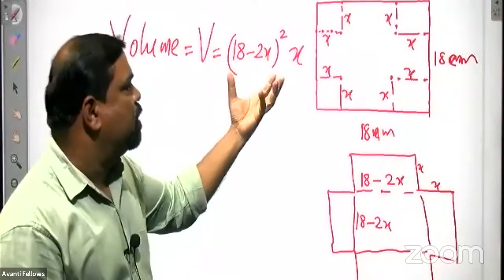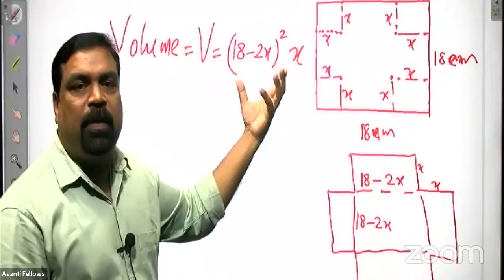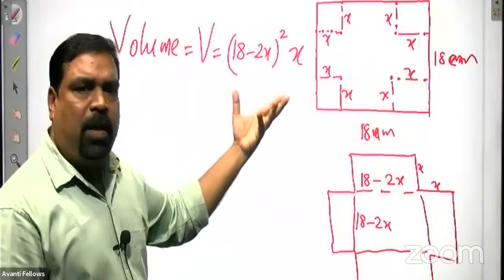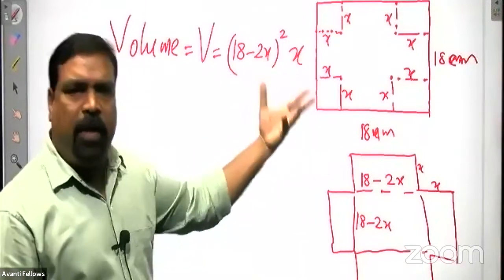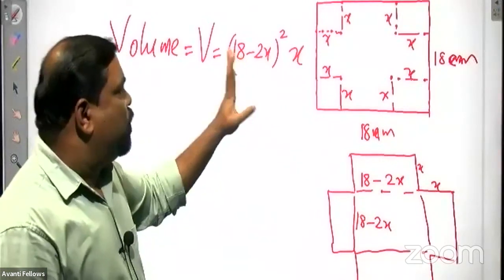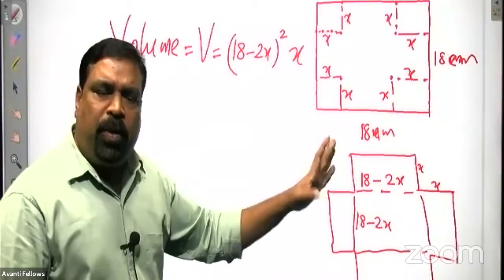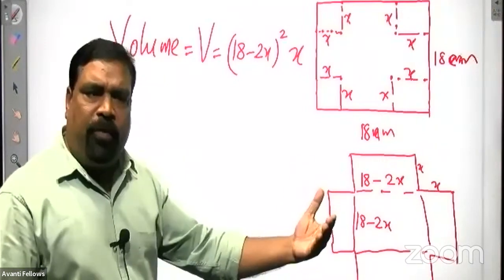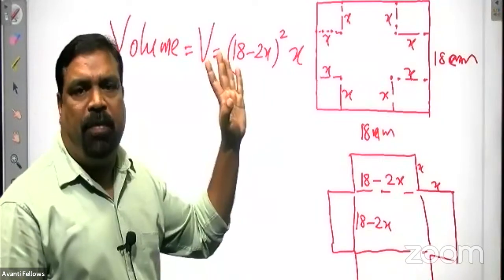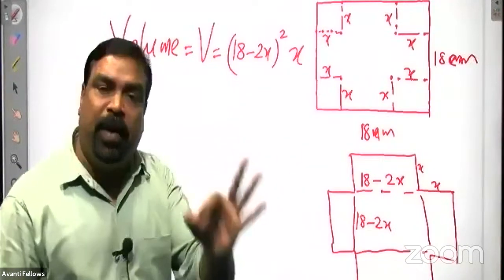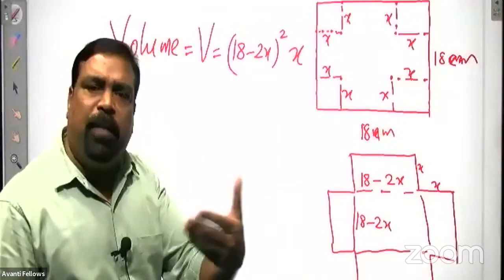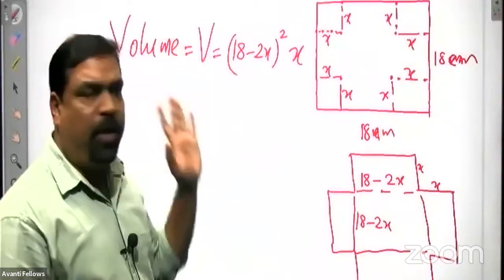We have a function, so how to maximize it? The same technique. Either the first derivative test or the second derivative test we have to apply. For that, what is the first step? To get the maximum or minimum value, we will differentiate and find the critical point where it can be maximum or minimum.